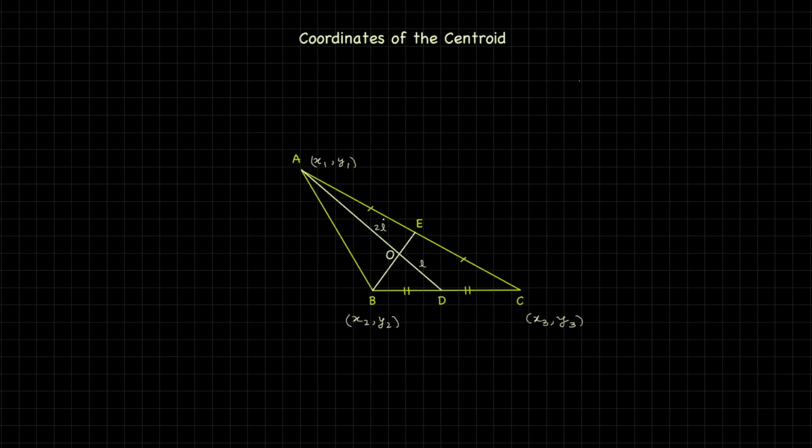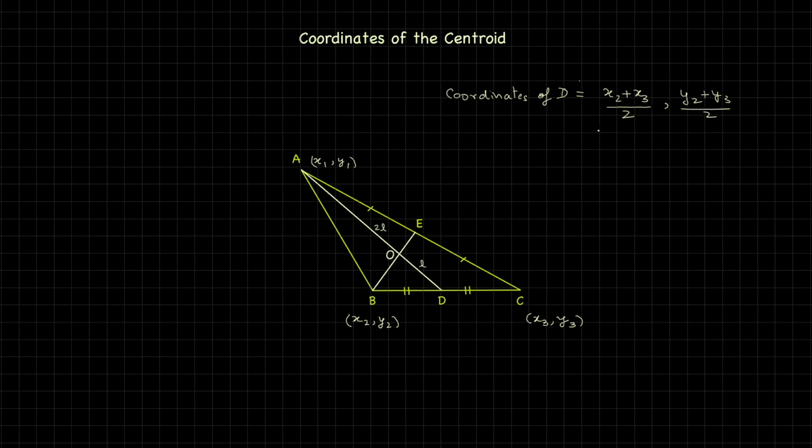So I have marked the length of AO to be 2L and the length of OD to be L. So now we need to find the coordinates of O. To find those, first we're going to find the coordinates of D. D is the midpoint of BC. So the coordinates of D will simply be the average of the coordinates of B and C. The coordinates are (x2 plus x3)/2 and (y2 plus y3)/2.